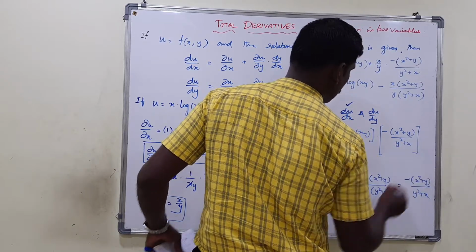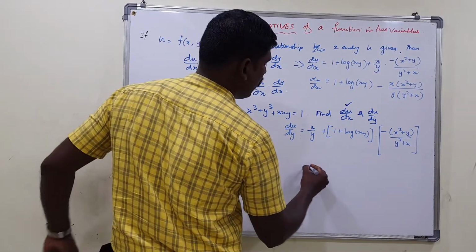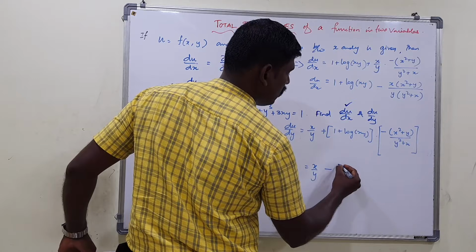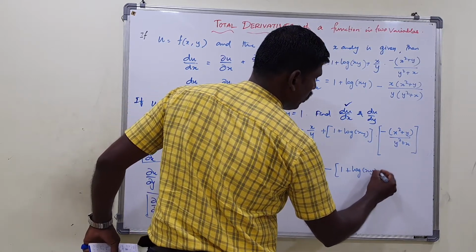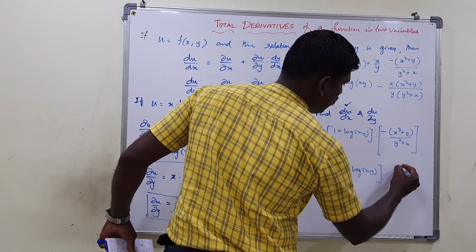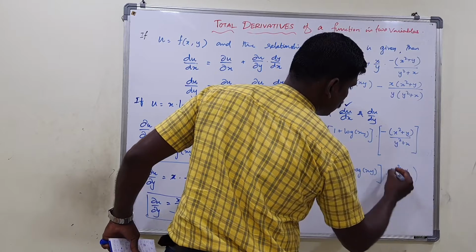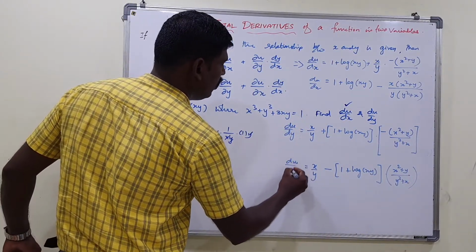So what is the answer? Simplified, x by y minus 1 plus log xy into x square plus y by y square plus x. That's all. This is the value of du by dy.